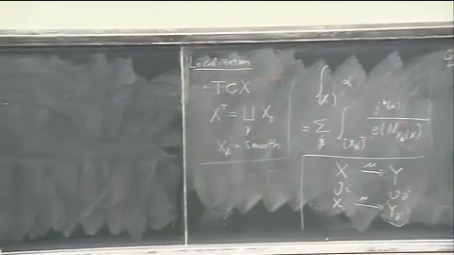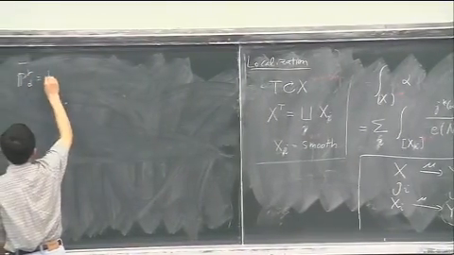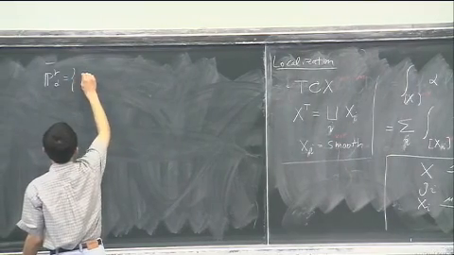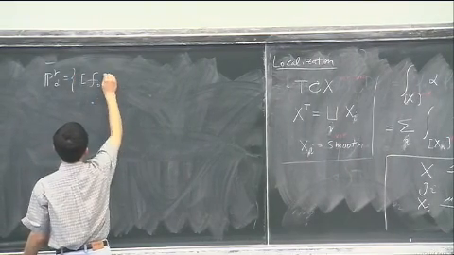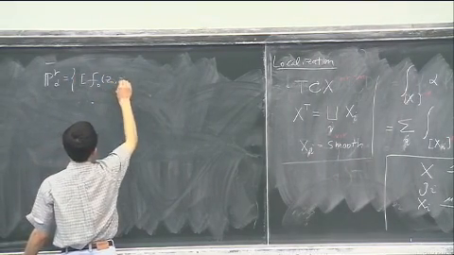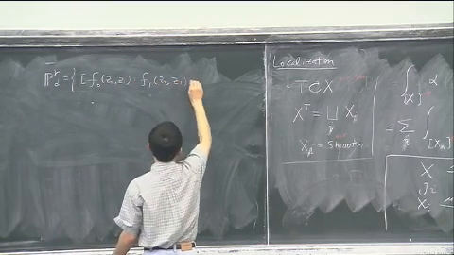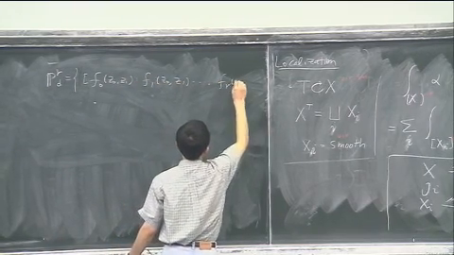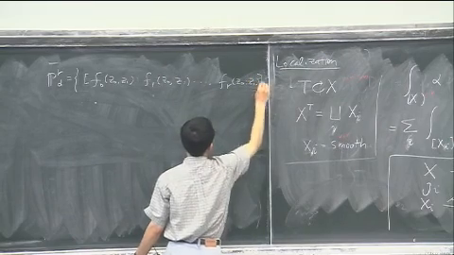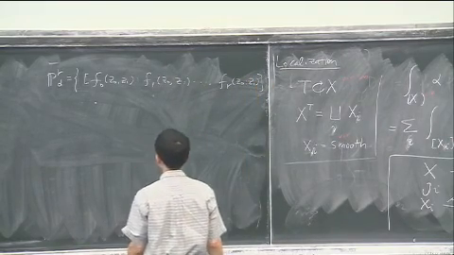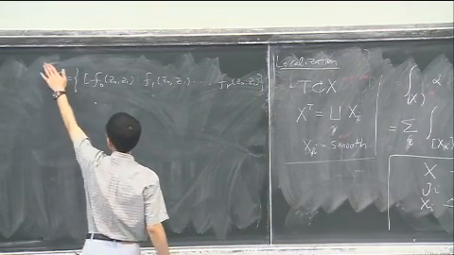So what is PRD? It's going to be something which looks like F0 of Z0, Z1, F1 of Z0, Z1, up to FR of Z0, Z1, right? So it's R plus 1 tuples of degree D homogeneous polynomials in two variables.